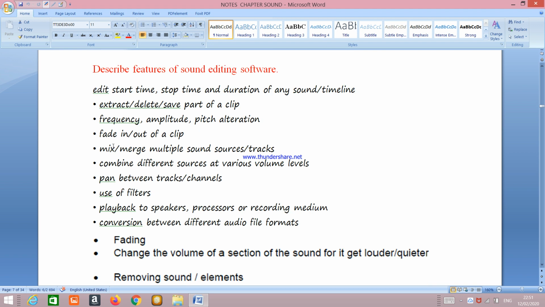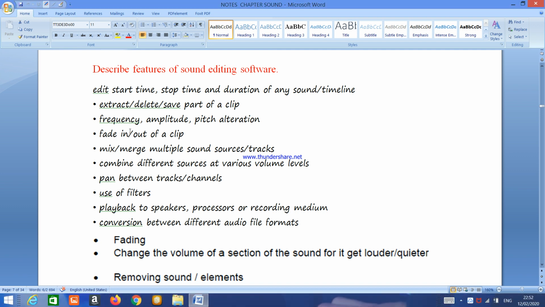Describe the features of sound editing software. So if you have sound editing software, what are the features in it? You can edit the start time, stop time, the duration. You can extract, delete, or save part of the clips. You can change the frequency, the amplitude, the pitch. You can fade in, fade out the clip.